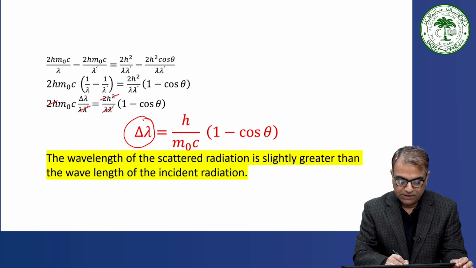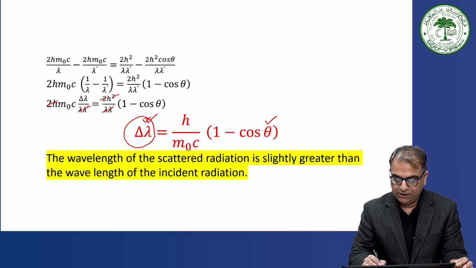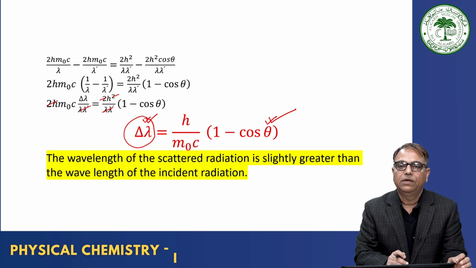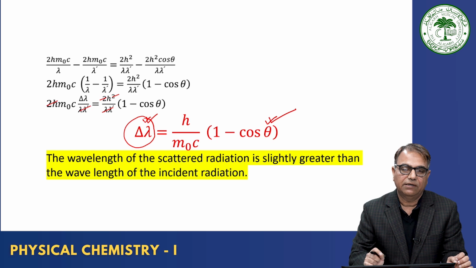So this Compton shift depends on the theta direction also, and there is a change in the wavelength between the incident radiation and the scattered radiation. This observation remained unexplained in classical mechanics. And what we have used?